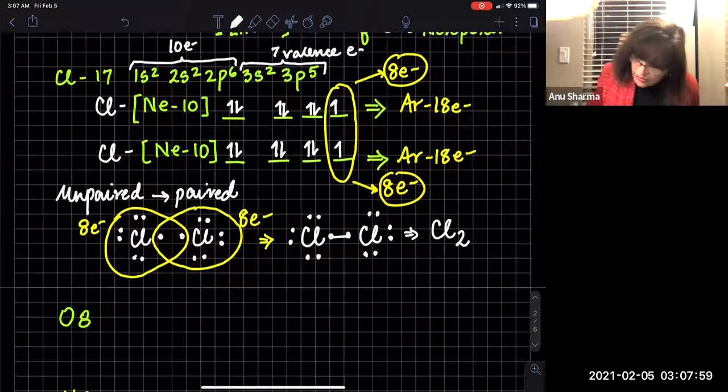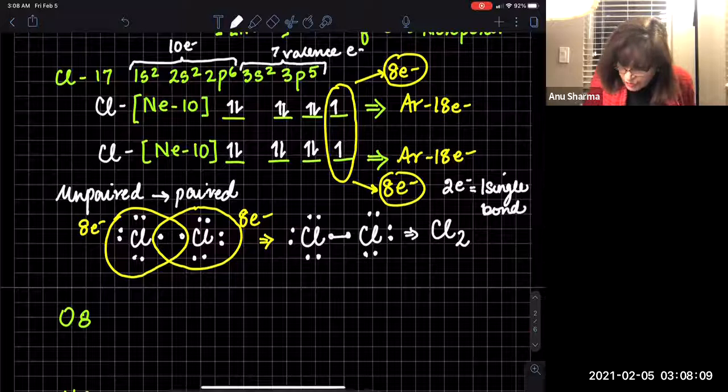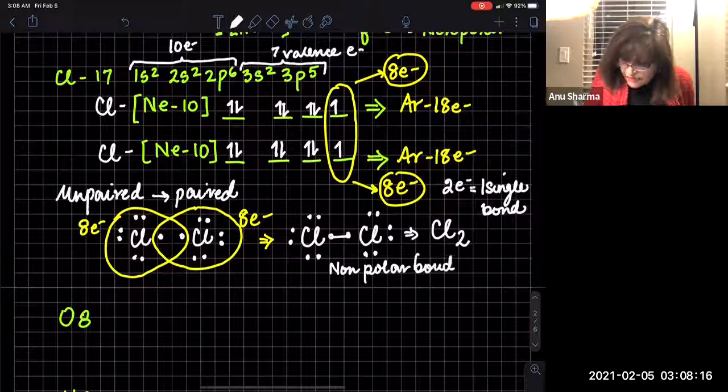We talked about how 2 electrons make one single bond. And this bond is a non-polar covalent bond. Non-polar bonds are formed when there is equal sharing.